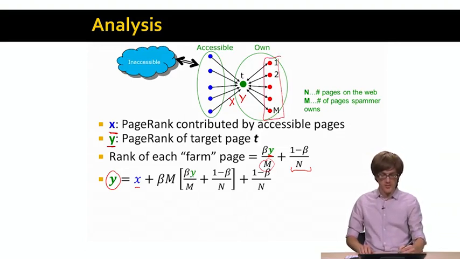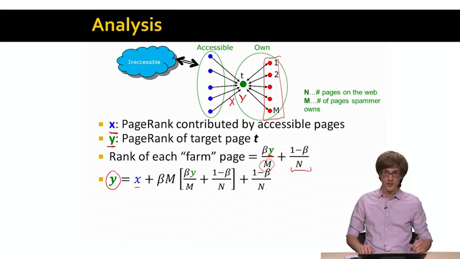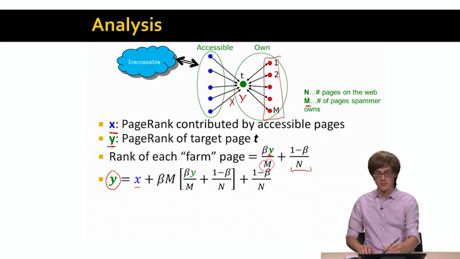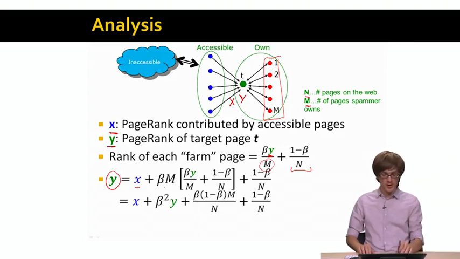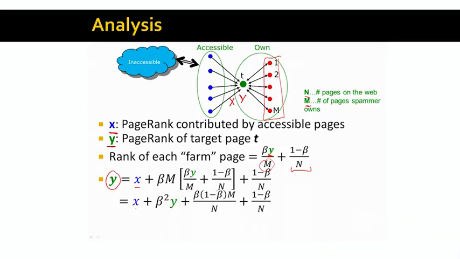So this is beta times y divided by m, plus (1 minus beta) over n, where m is the number of pages that the spammer owns, and n is the total number of pages on the web. Okay? So if we think about this, multiply with beta m and solve the system, what we get is that y equals x plus beta squared y plus some constant terms.